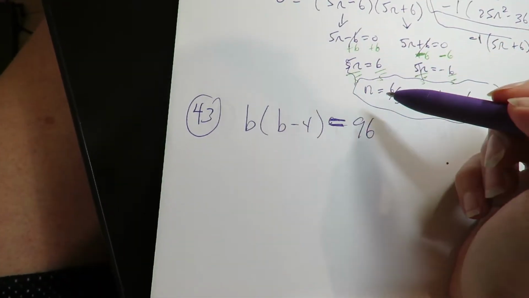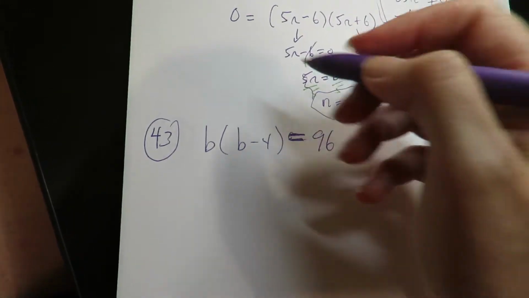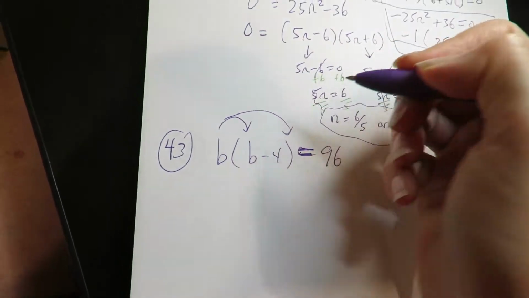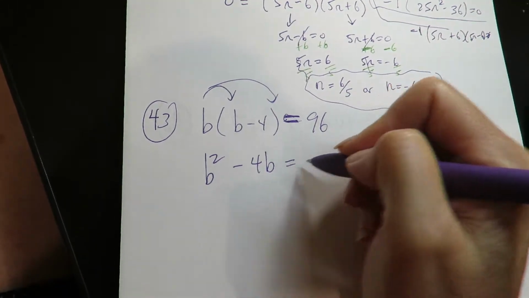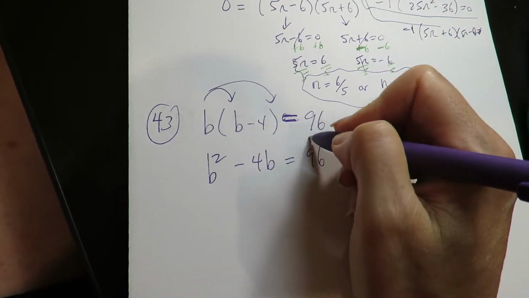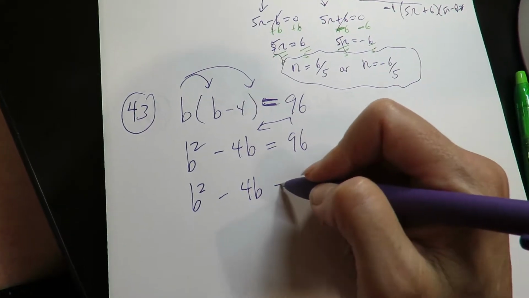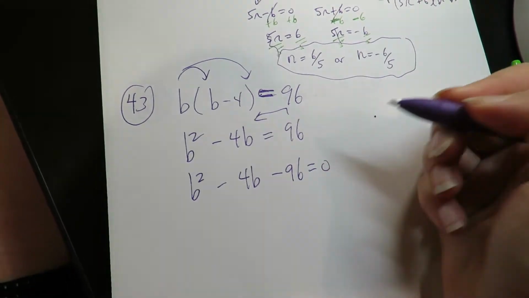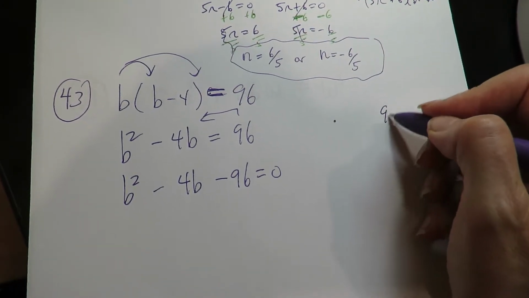All right, this one is not set equal to 0, so the format is garbage. You can't use it. You have to break it down. And then you have to set it equal to 0, so you've got to move this over. All right, so it's got to multiply to -96 and add to 4.